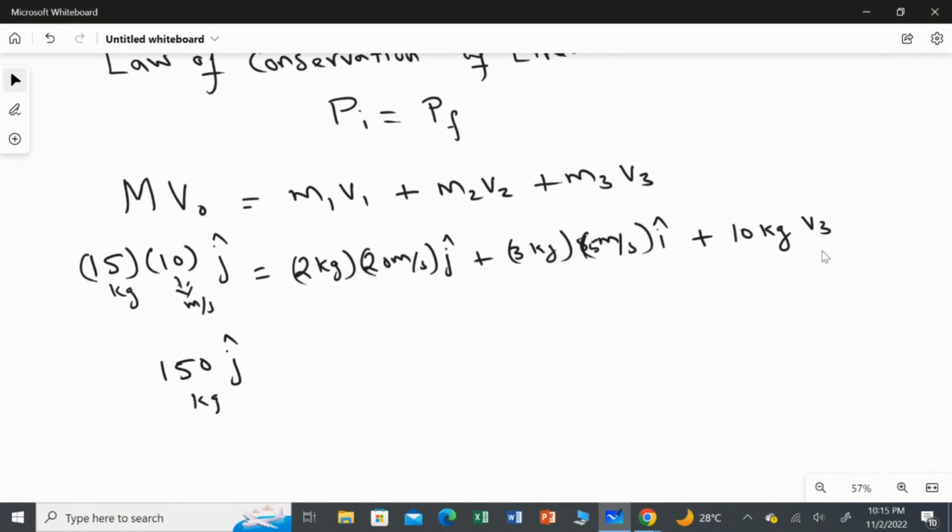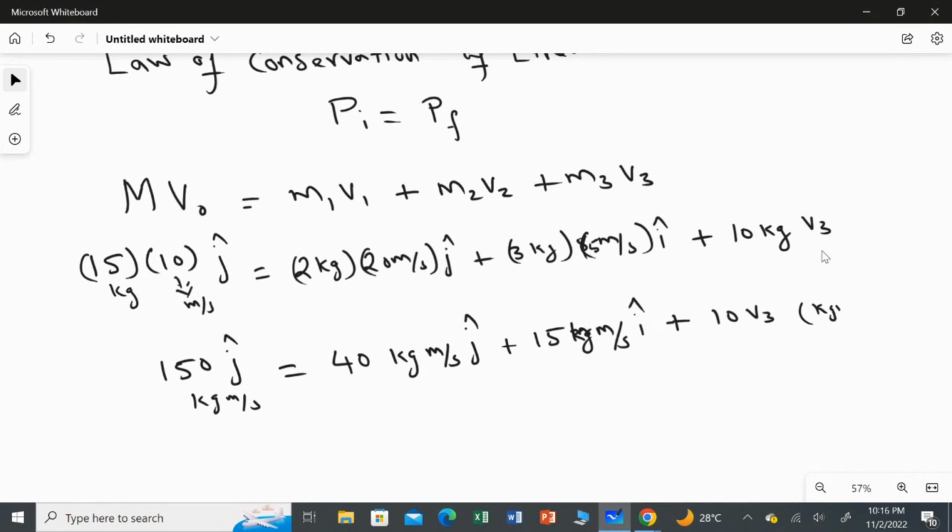And the unit is kilogram meter per second, which is equal to 2 multiplied by 20 is 40 kilogram meter per second j cap, plus 3 multiplied by 5 is 15 kilogram meter per second I cap, plus 10 V3 kilogram meter per second, because we are going to find this value of V3.